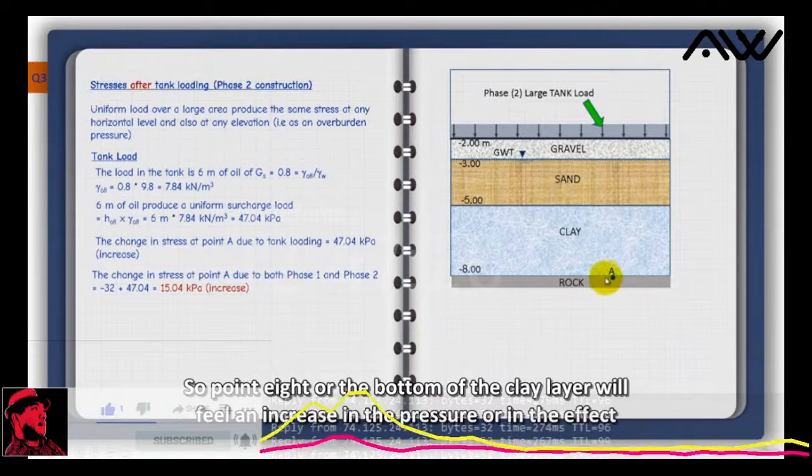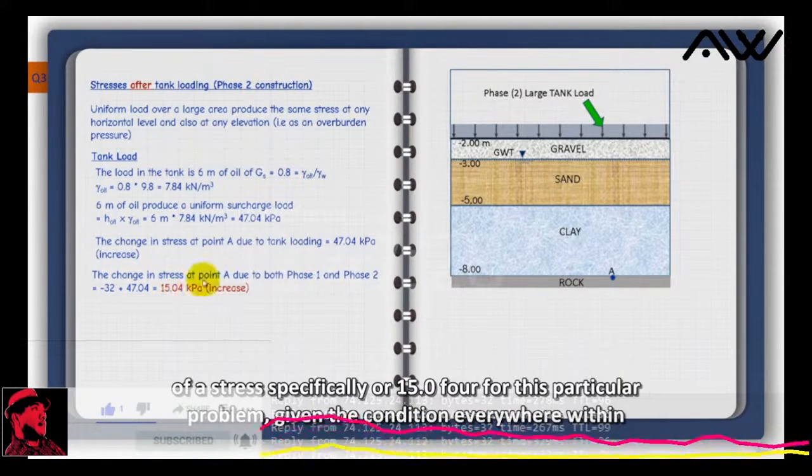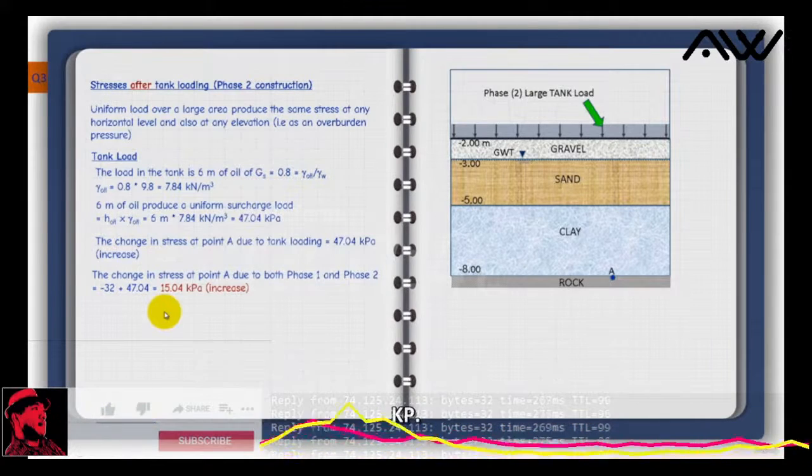So point A, or the bottom of the clay layer, will feel an increase in the effective stress specifically of 15.04. For this particular problem, given the condition, everywhere within the soil profile will exactly feel the same increase in effective stress of 15.04 kPa.